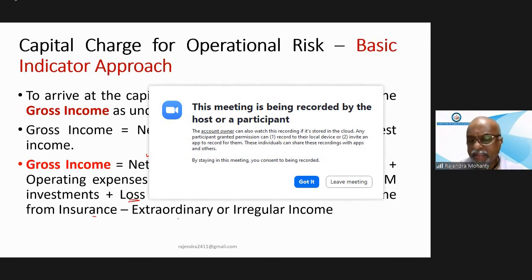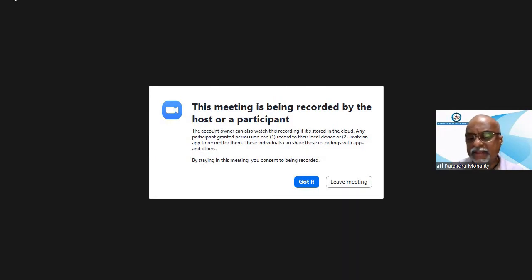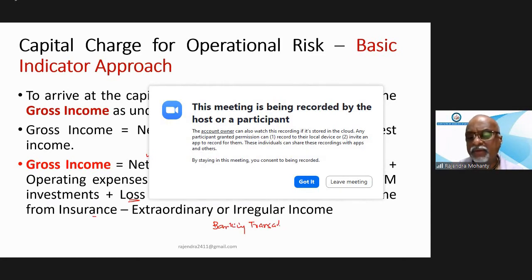And any extraordinary or irregular income. These two are insurance income and extraordinary or irregular income. We can say that these are not income from banking transactions. They do not pertain to banking transactions. They are totally different types of incomes.